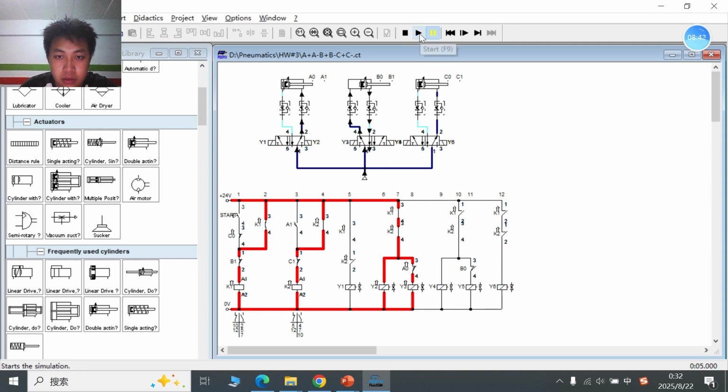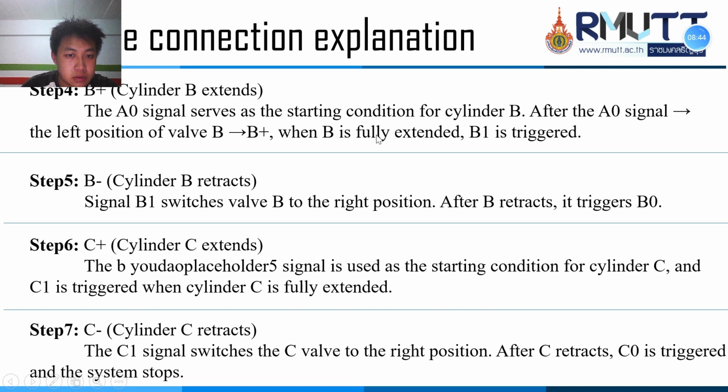Okay, so the A0 signal serves as a starting condition for cylinder B. After the A0 signal, the valve B goes to the left position for B plus. When B is fully extended, B1 is targeted.